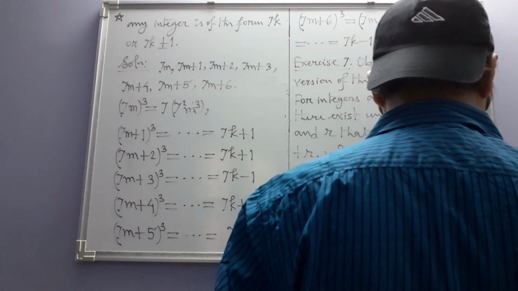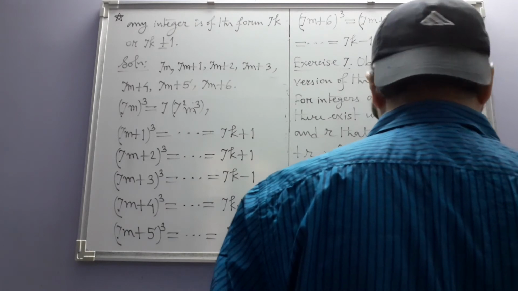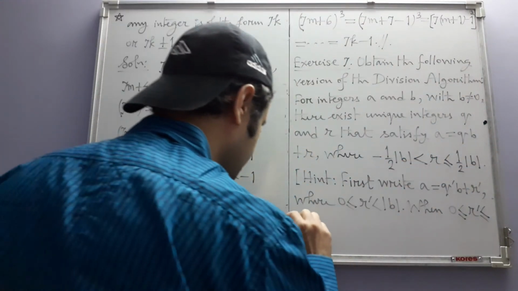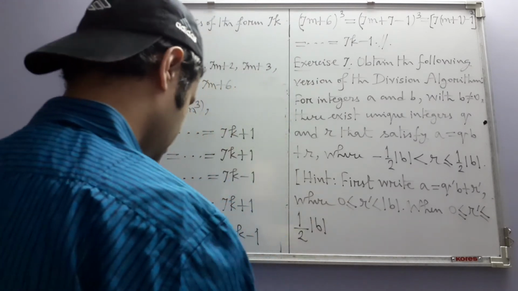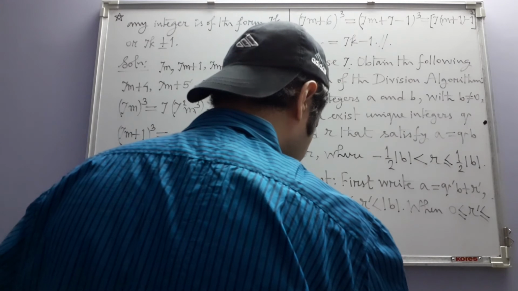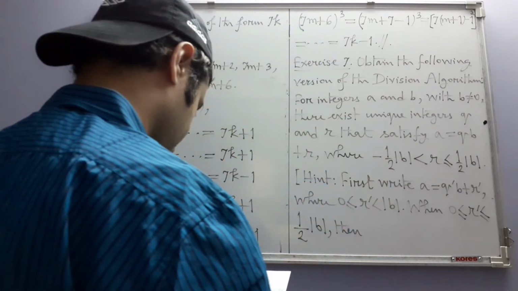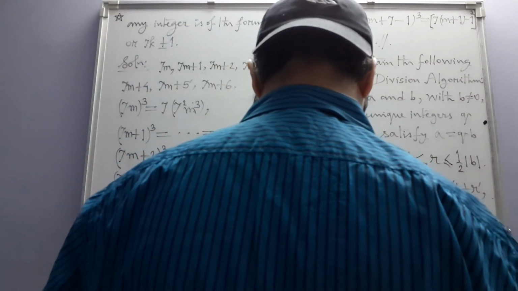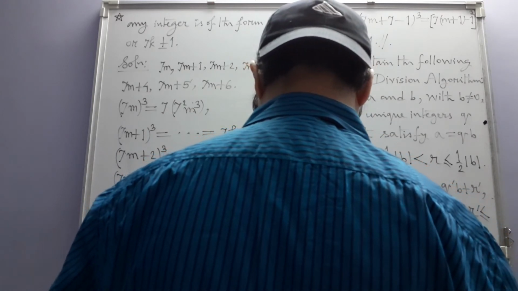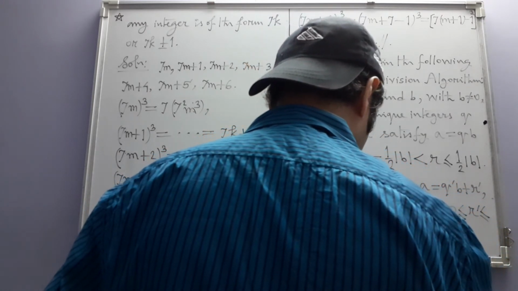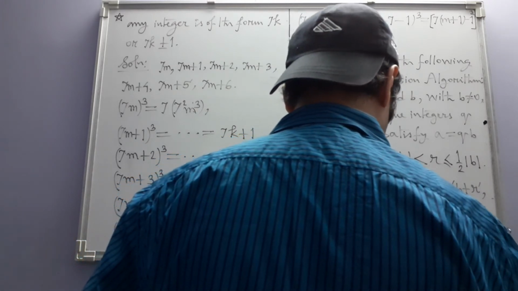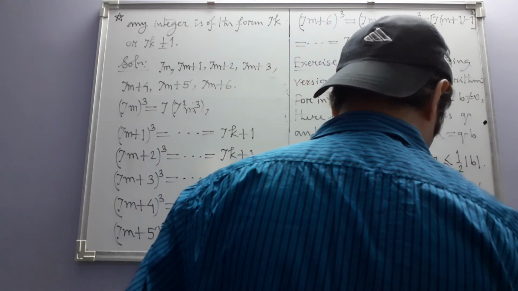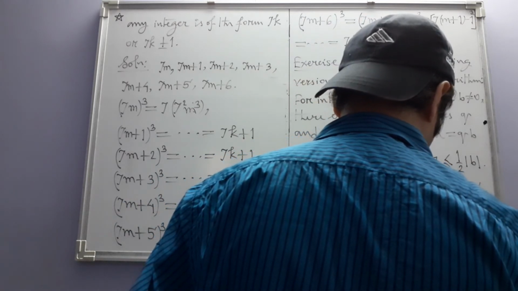When r prime is non-negative, of course it is non-negative, and less than or equal to 1 by 2 times mod b, then let r equal to r prime and q equal to q prime.